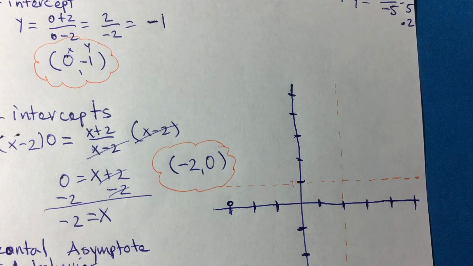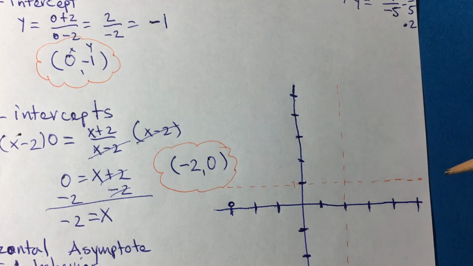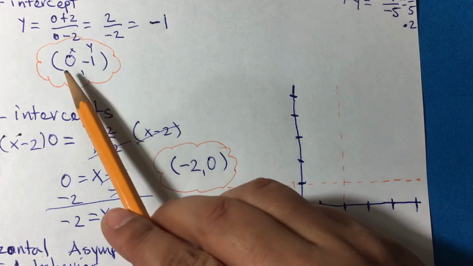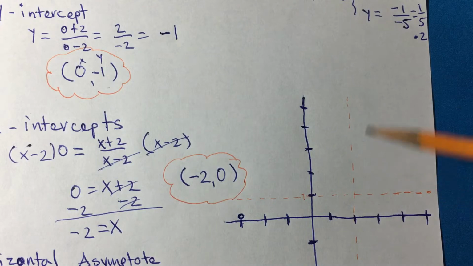Now what I'm going to do is to use a pencil to draw my graph, because I do want to create a table and find other points that are going to be in there and see how close I am. So the other part that I need is 0, -1 for my y-intercept, and this is just to guide me. Where in here will my graph be?